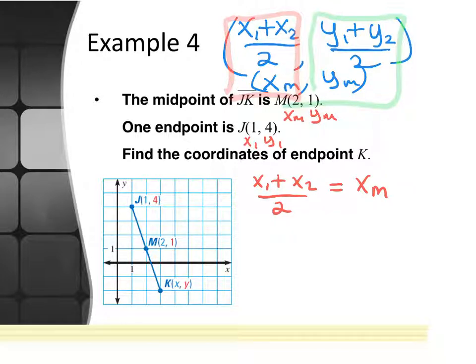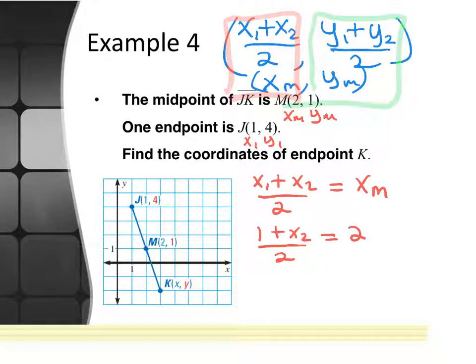All right, so now I'm going to plug in the two pieces of information that I have. I need to solve for x2. So x1 is 1. I don't know x2. And my xm is 2. Everybody with me so far? I now need to solve for that variable.